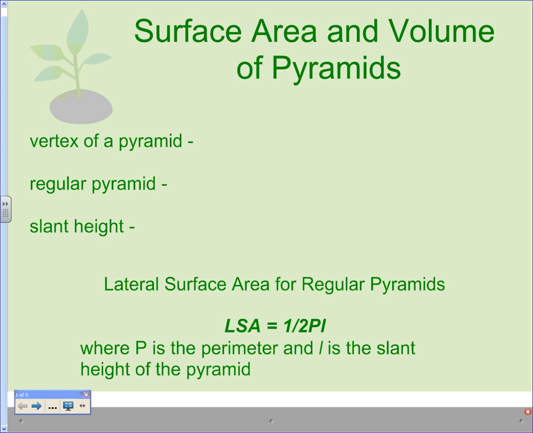All right, so your lateral surface area, 1/2 your perimeter times L. L is your slant height. P is obviously perimeter.